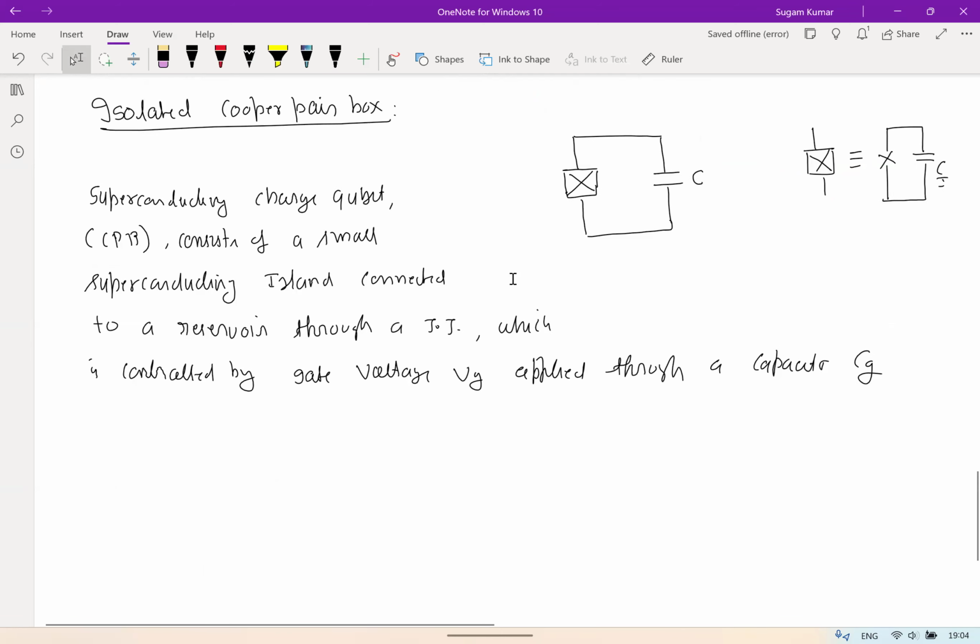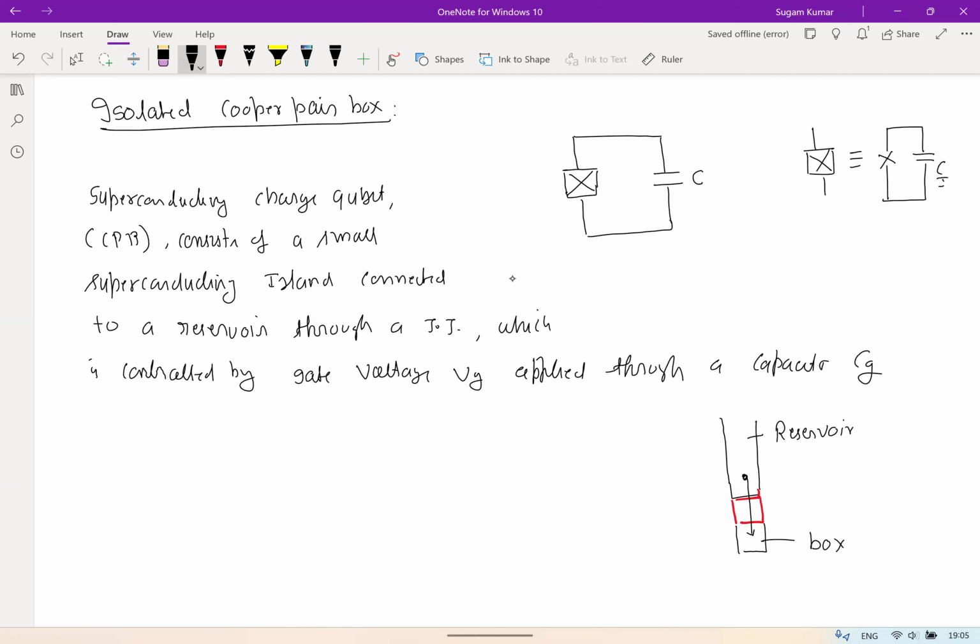So maybe I will show you some picture. In reality, what does it look like? You have one big reservoir. It is superconducting material. Then here is the insulator. And then there is a small box. That is the box we're calling the superconducting Cooper pair box. The Cooper pairs are going to tunnel from this to this.